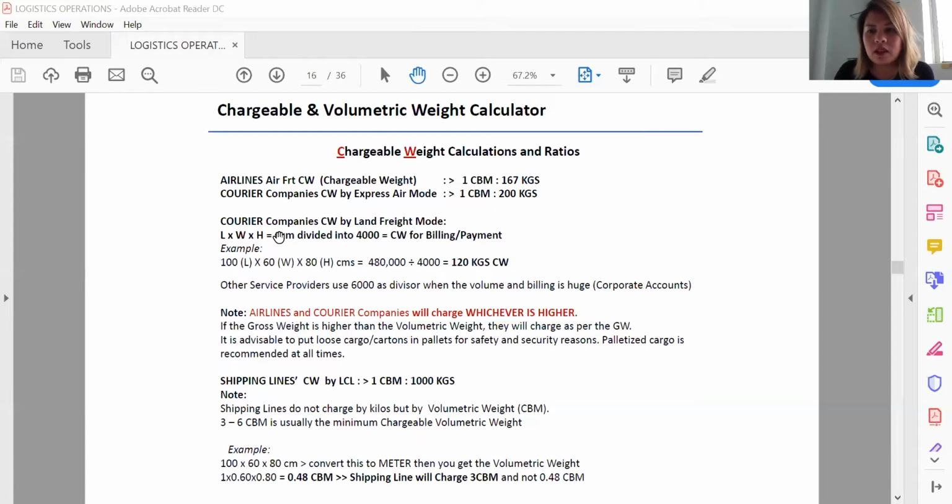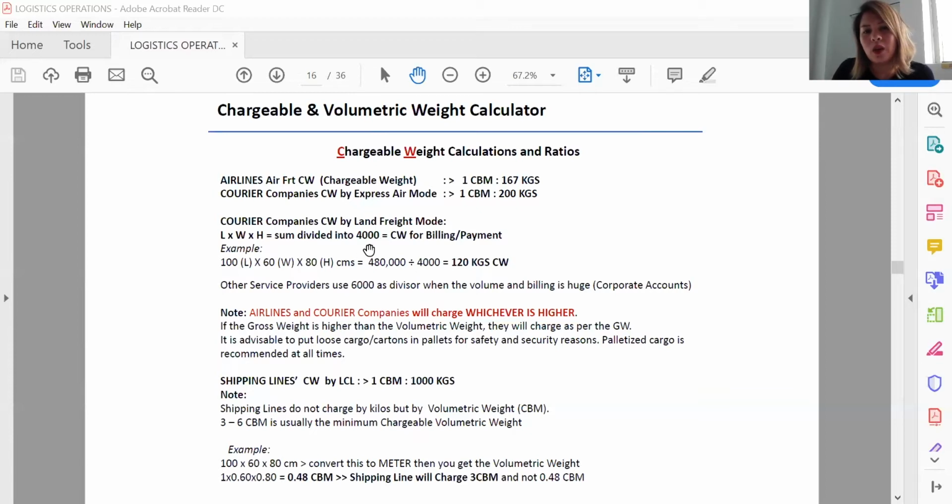Depending on your requirements, they will have those services for you. The billing or chargeable weight calculations vary from one client to another. Sometimes this courier or logistics company will charge you as per this: length, width, height divided by 4,000.